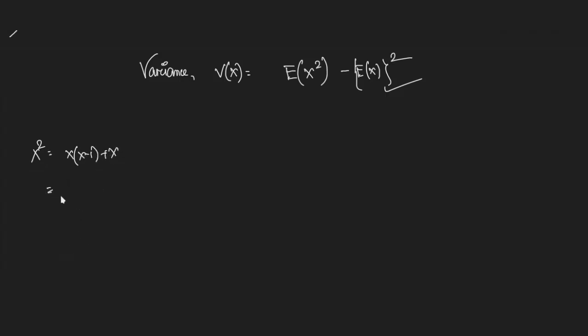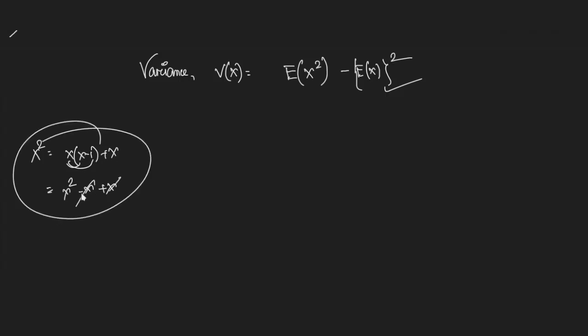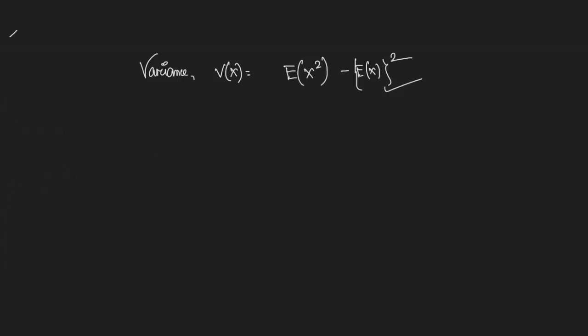If you expand x into x minus 1, you get x square minus x, plus x, and these two cancel out, so you get x square.